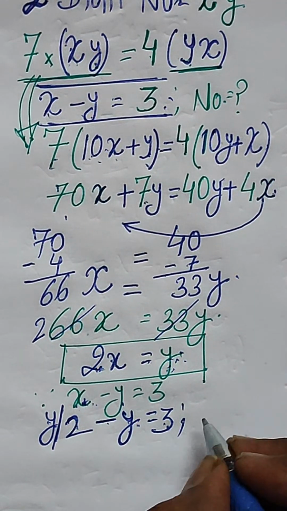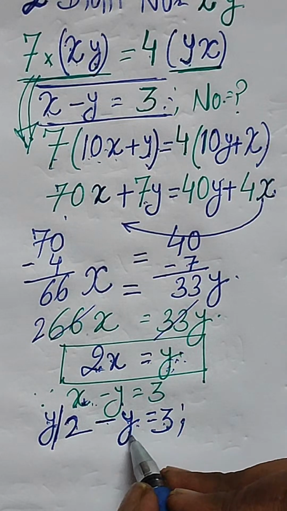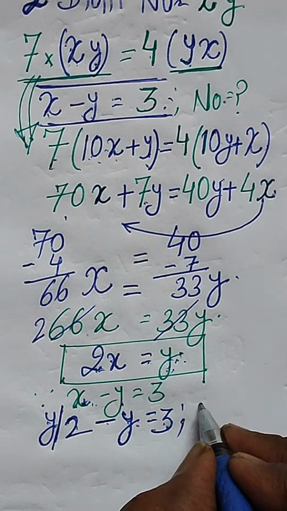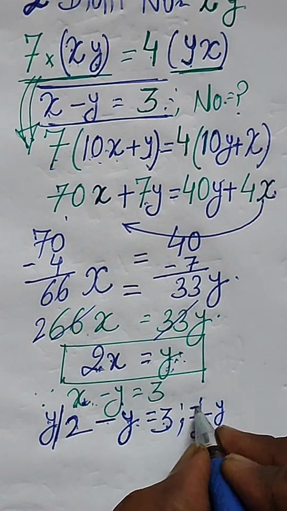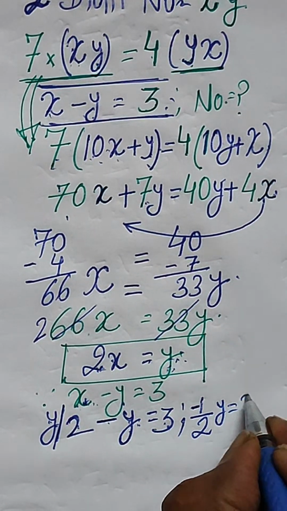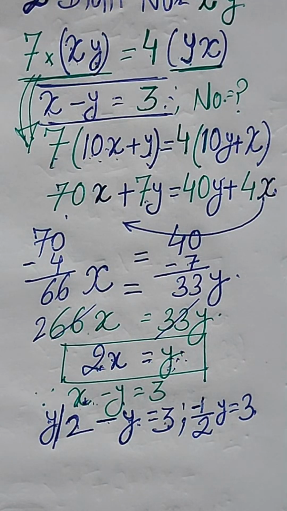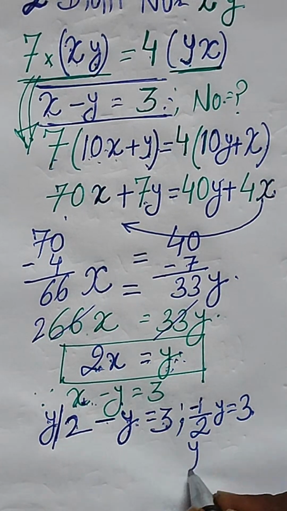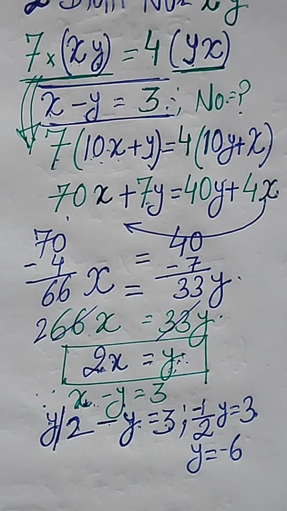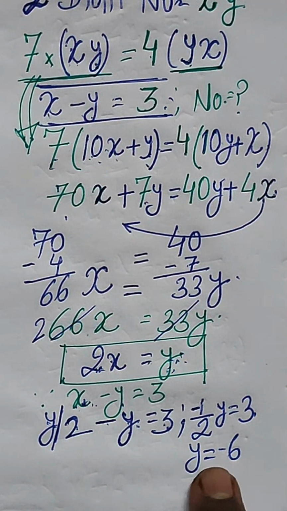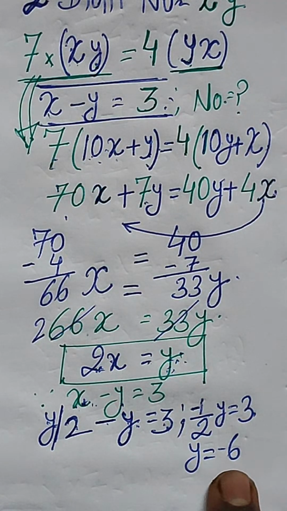This will give you 2 minus 1, that is minus 1 by 2 y is equal to 3. So this will give you the value of y as minus 6. But y cannot be equal to minus 6.